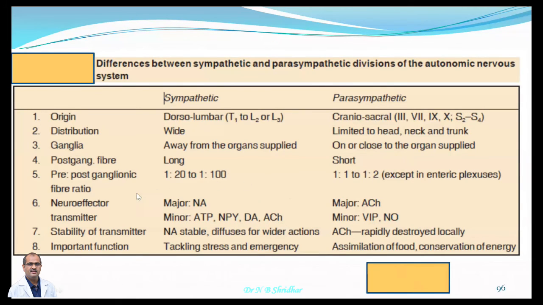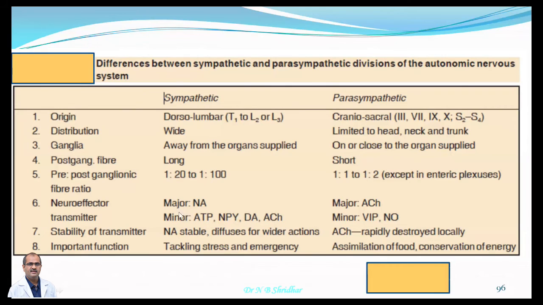The major neurotransmitter of the sympathetic nervous system is noradrenaline, whereas the major neurotransmitter in the parasympathetic nervous system is acetylcholine. The minor neurotransmitters in the sympathetic system are adenosine triphosphate, neuropeptide Y, and diacylglycerol and acetylcholine.